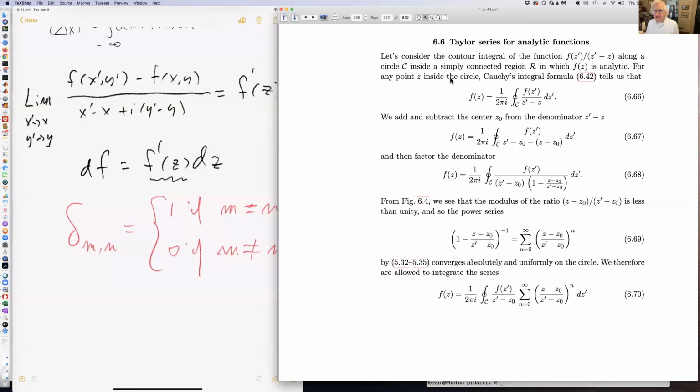Okay, Taylor series for analytic functions. What are we doing?